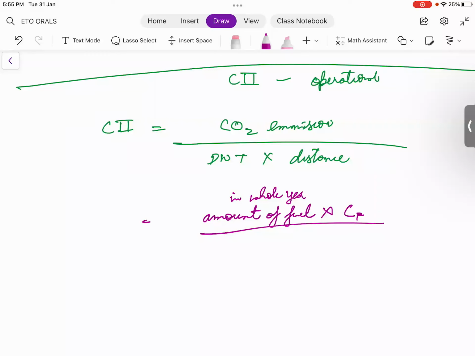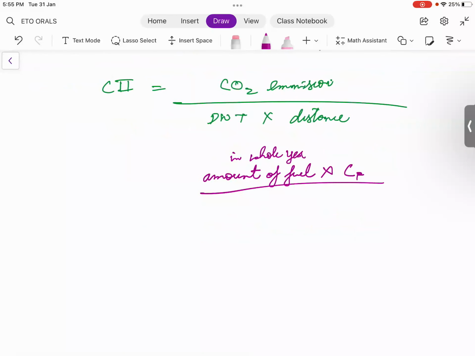But where do you get that total fuel consumption? Have you heard of something called IMO DCS? First of all, we have to read that. What is IMO DCS? It came into force from 1st January 2019.